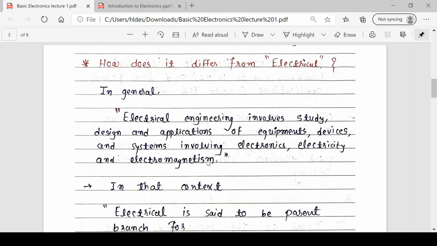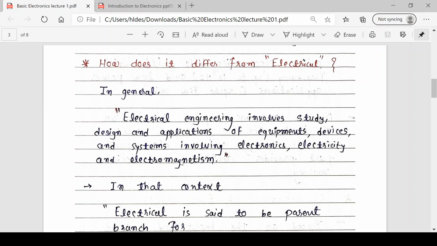So that means electronics and electromagnetism are separated as a branch called electronics and communication. And the electrical branch is now somewhat limited to power generation and distribution. Electronics and electromagnetism deal with communication circuits, and that's why there is a separate field called electronics and communication.